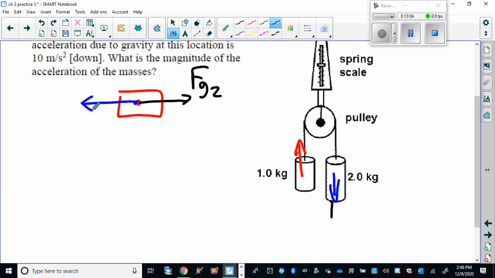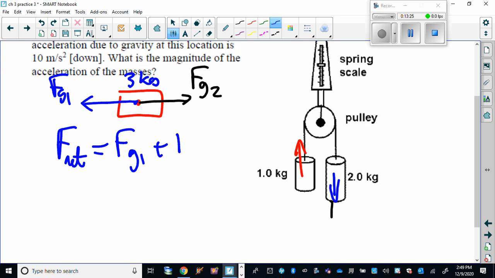In terms of the whole system, it's going in the opposite direction. So this is going to be Fg1, and the mass of this whole thing is both of them, 3 kilograms. And the F net therefore is going to be Fg1 plus Fg2.